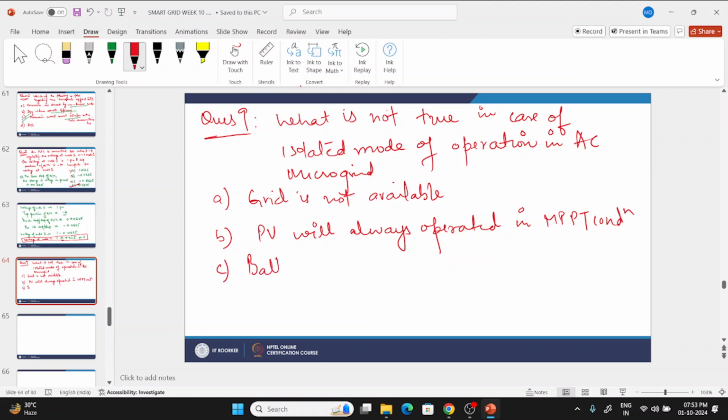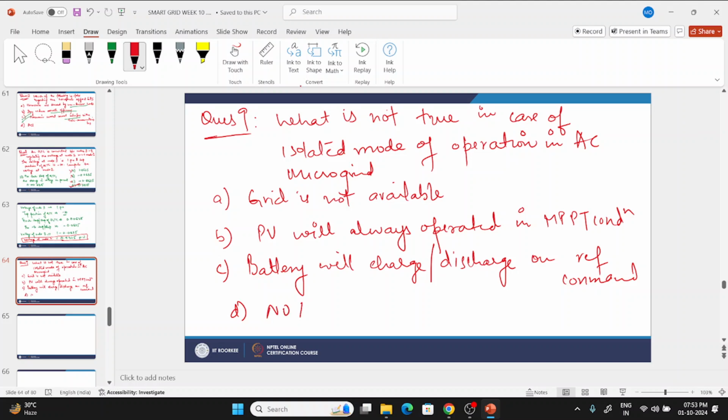C. Battery will charge and discharge on the reference command. D. None of the above.